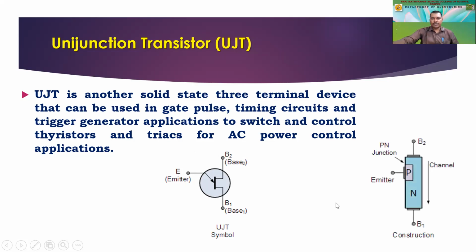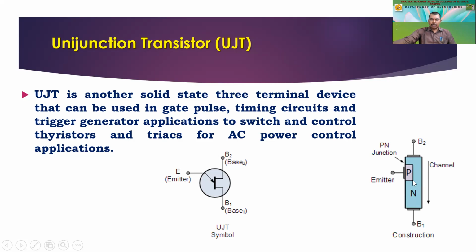Now, what is the construction of a UJT? The UJT looks like this. You have an N channel, or N type semiconductor, which is very lightly doped, and we have induced a P type semiconductor slightly above the center, towards B2.